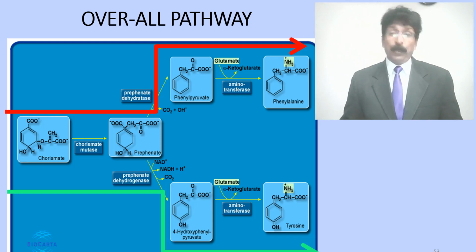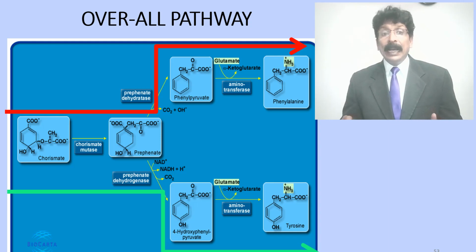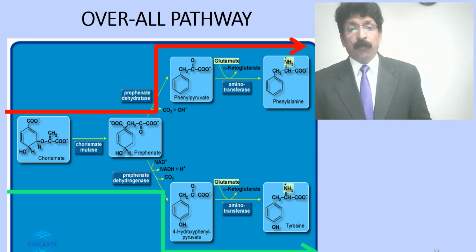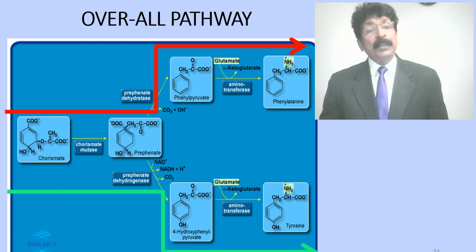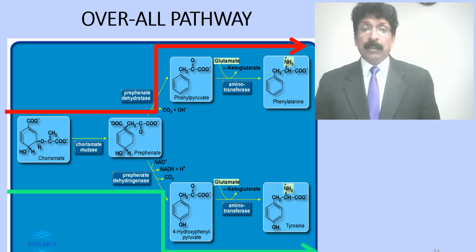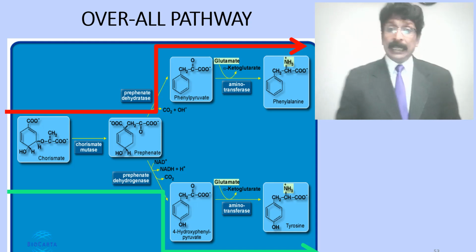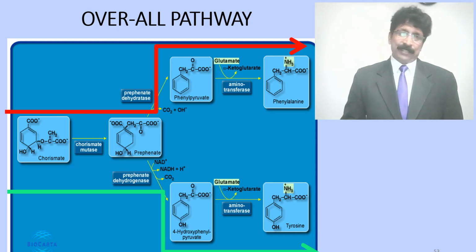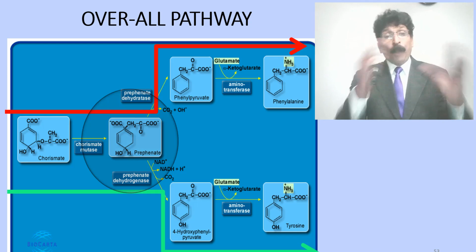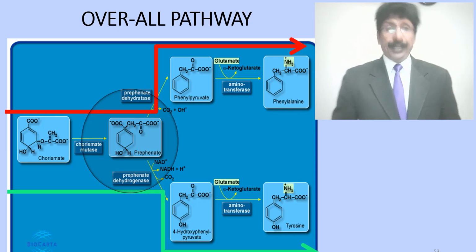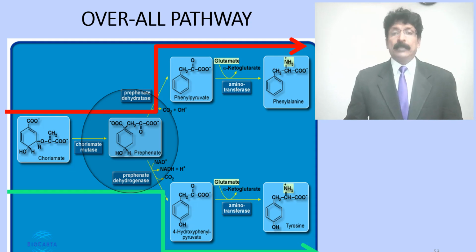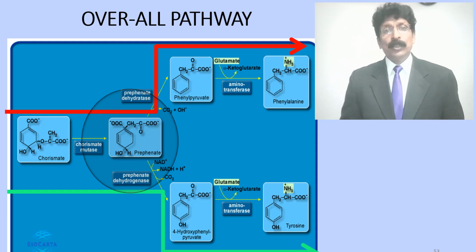Prephenate dehydrogenase can give rise to 4-hydroxyphenylpyruvate, and an amino transferase is needed by means of using glutamate or glutamic acid, which will be converted into alpha-ketoglutarate and giving rise to tyrosine. So these two structures, and the important point is chorismate has to be converted to prephenate, so that we have discussed the important junction where to get these two structures.